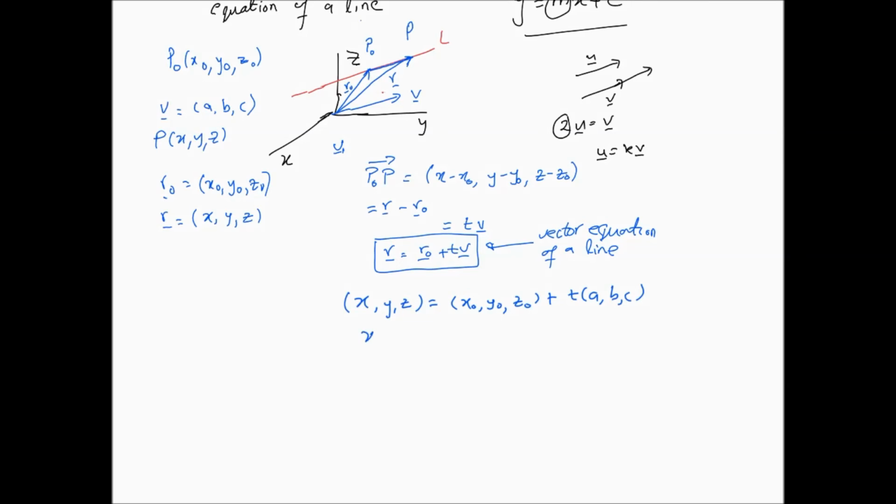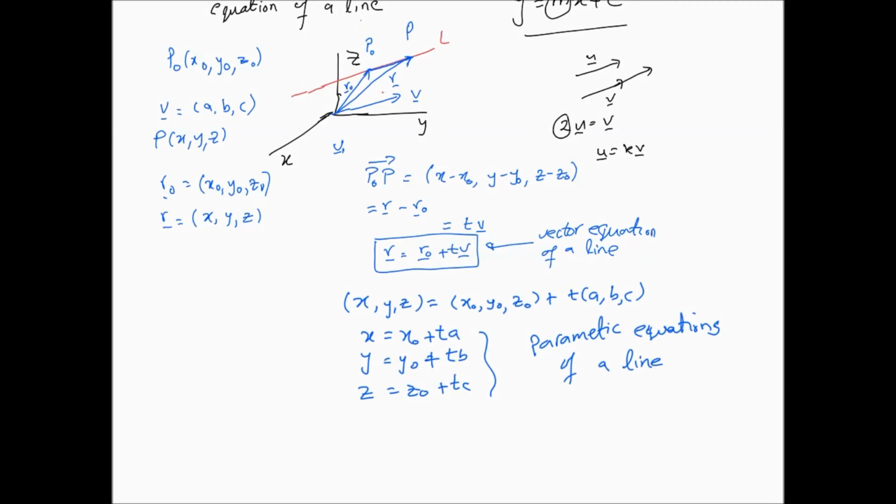So x must be equal to x0 plus ta, y must be equal to y0 plus tb, and z is equal to z0 plus tc. These are called the parametric equations, and the one I have here is in 3D. This process is called parametrizing a line in 3 space or 2 space, either way. Just remove the z coordinate and you have it in 2 space.